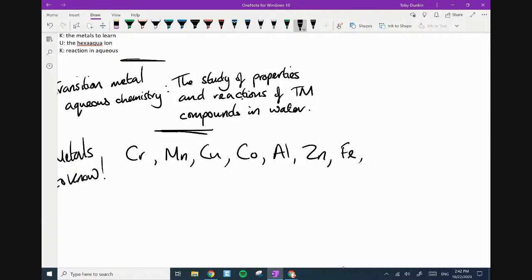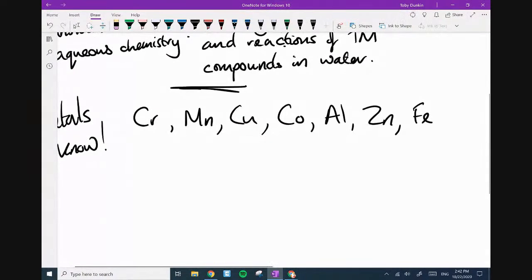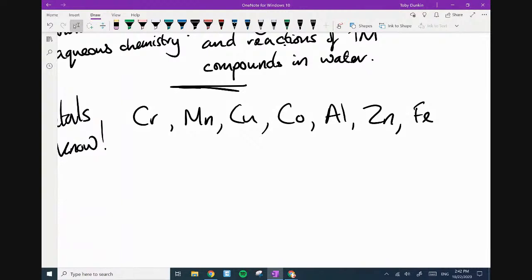I feel like I'm missing one. Chromium, copper, iron. Yeah, because it's just iron and iron 2. I believe that's all of them. Yeah, so 7, I believe.